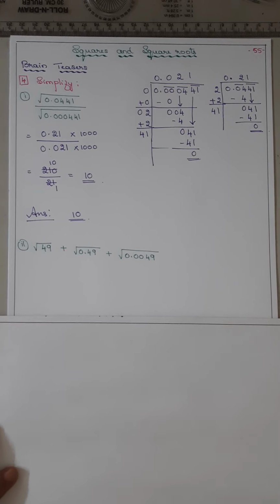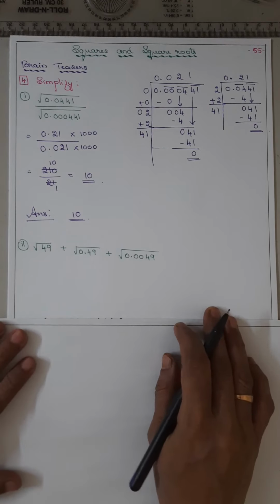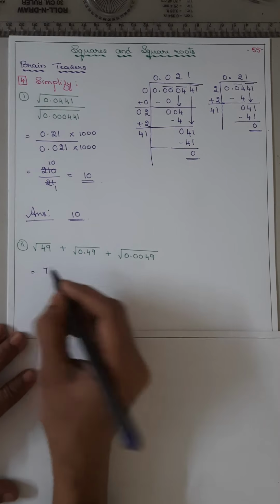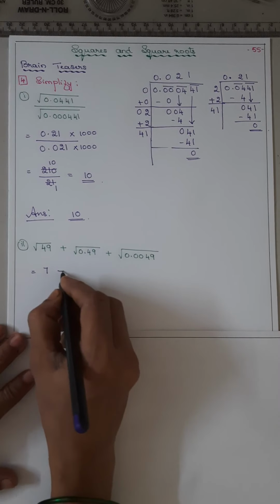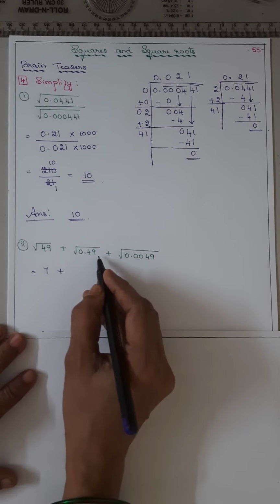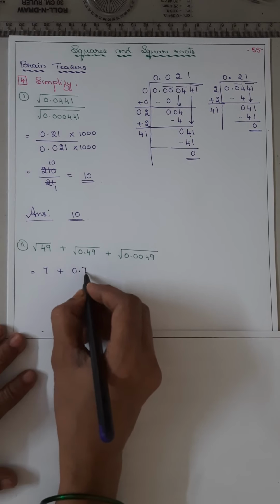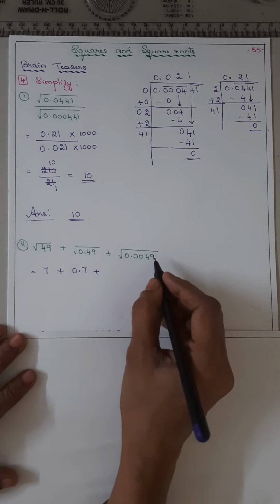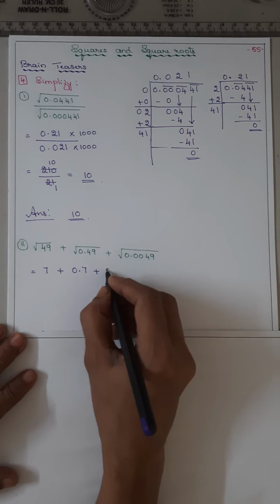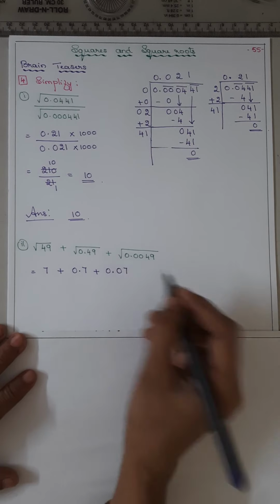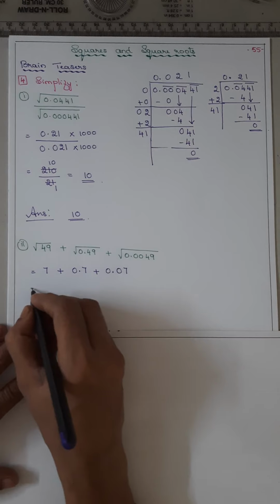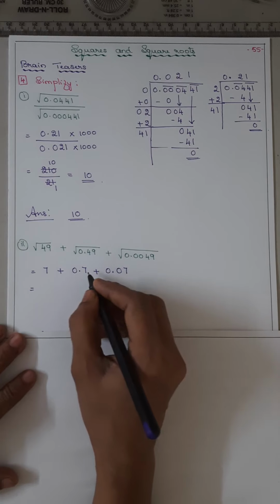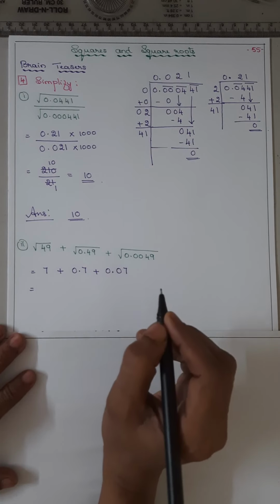Now coming to the question number 2, subdivision. 49. Square root of 49 is 7. Here you can do it directly. Plus 0.49, it will be 0.7, plus 0.0049, it will be 0.07. Isn't it? So the answer will be how much? 7.77.